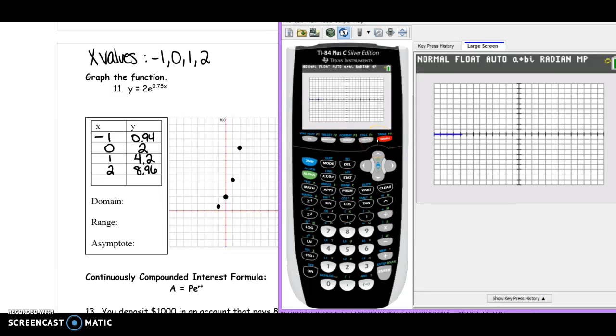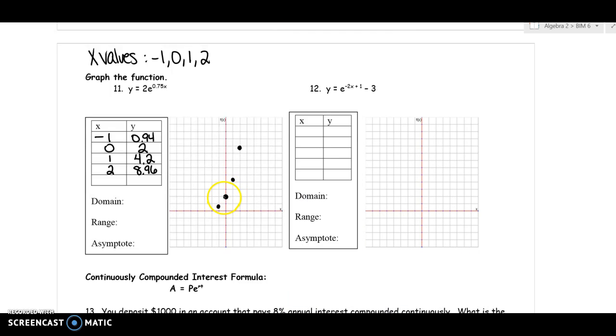And if you want to see what this graph looks like, you can push graph. It still has an asymptote, just like the other exponential growth and decay that we've been looking at.